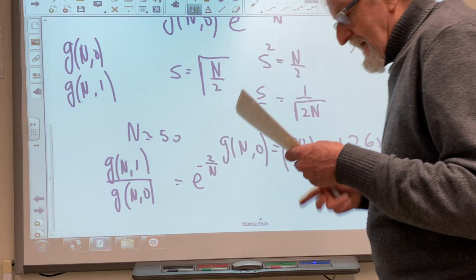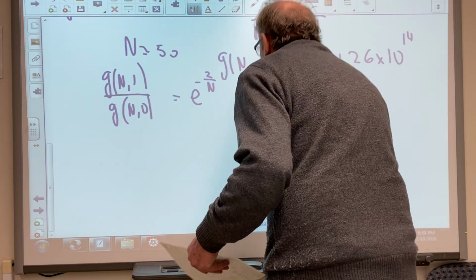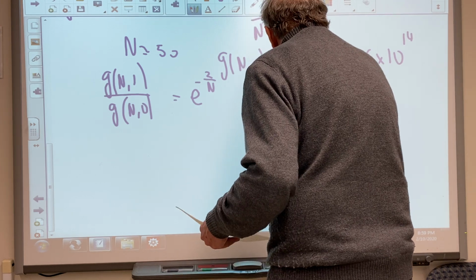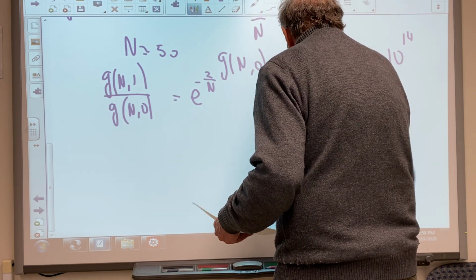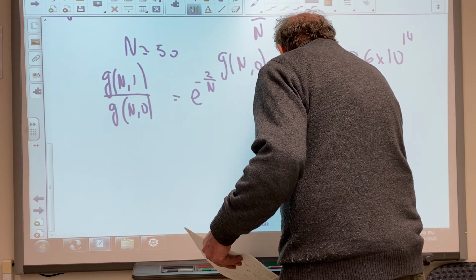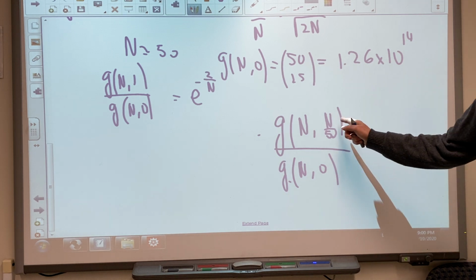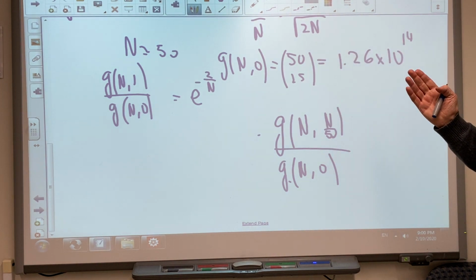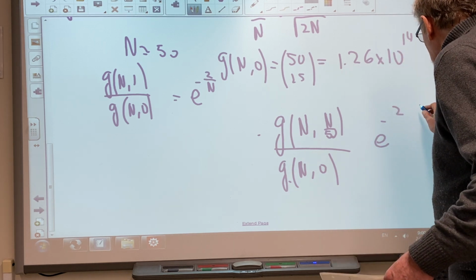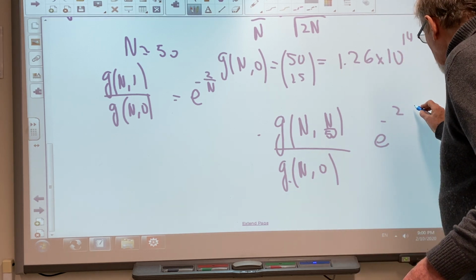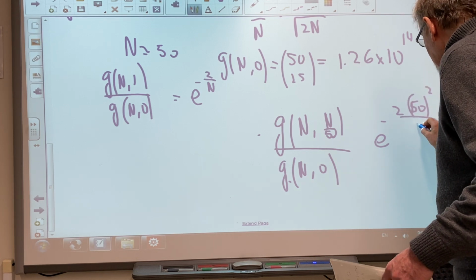But if you calculate instead the probability of having G of s equal n over 50, divided by G of n0, which means having 1 every 50 spins pointing the wrong way, you get what? E to the minus 2 s squared over n, with s being n over 50.